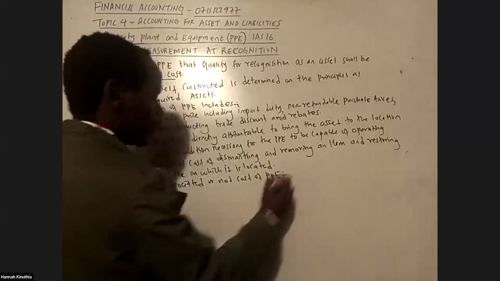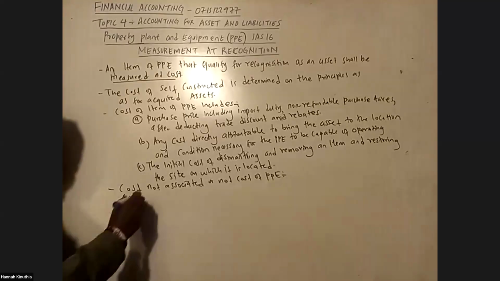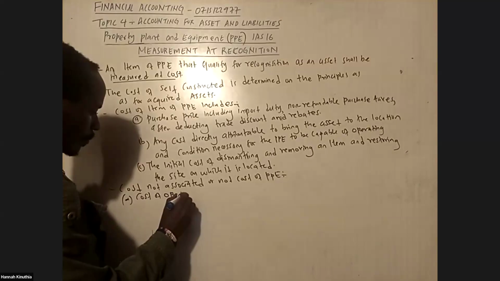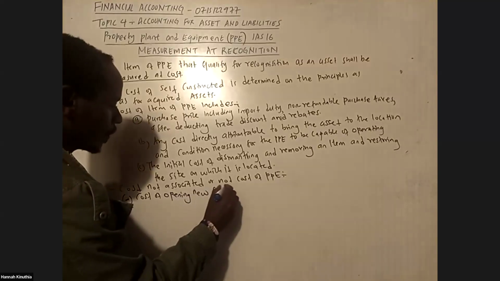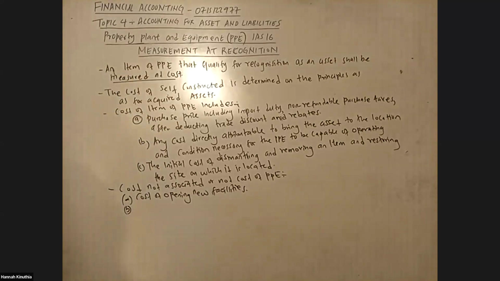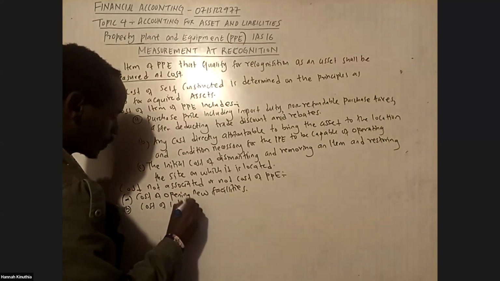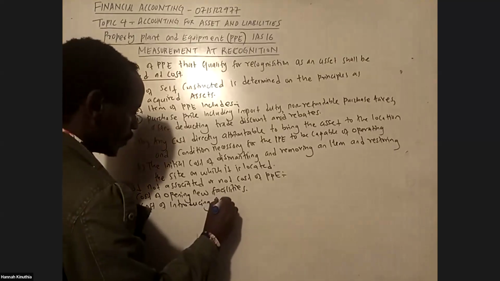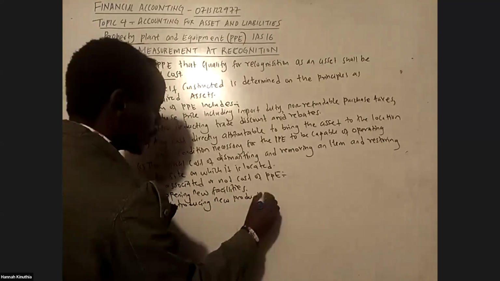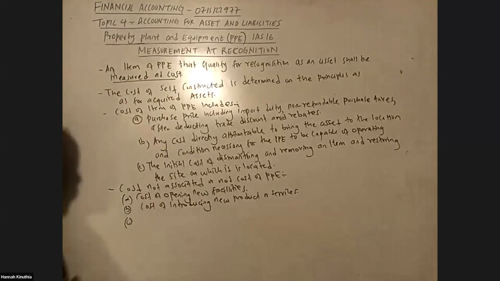Number one, cost of opening new facility. Number B, cost of introducing new products or services. That will not be the cost of PPE.